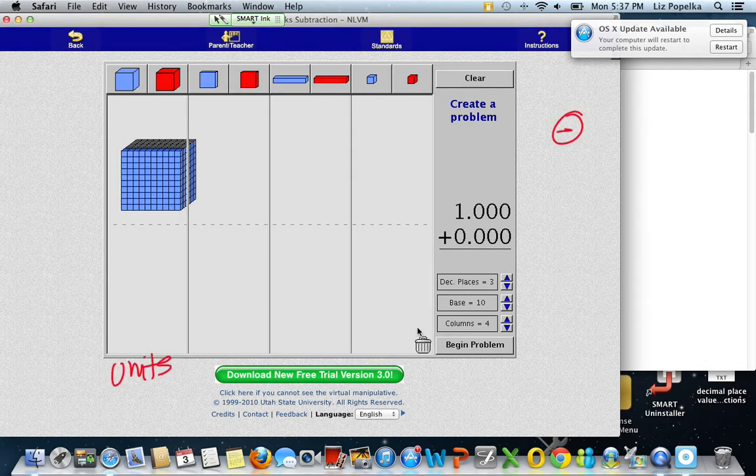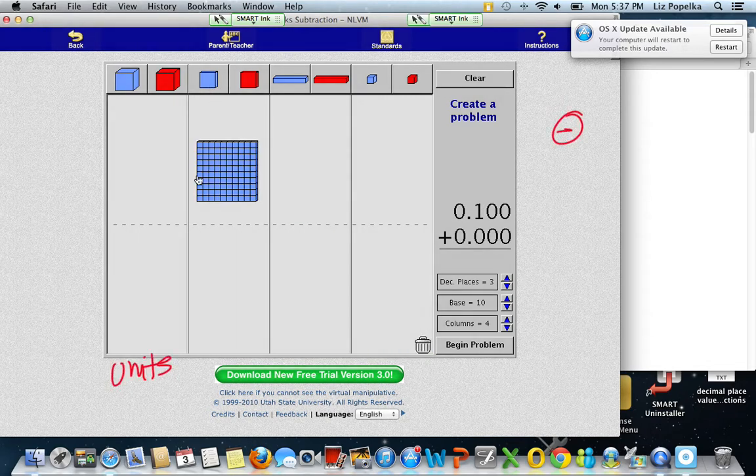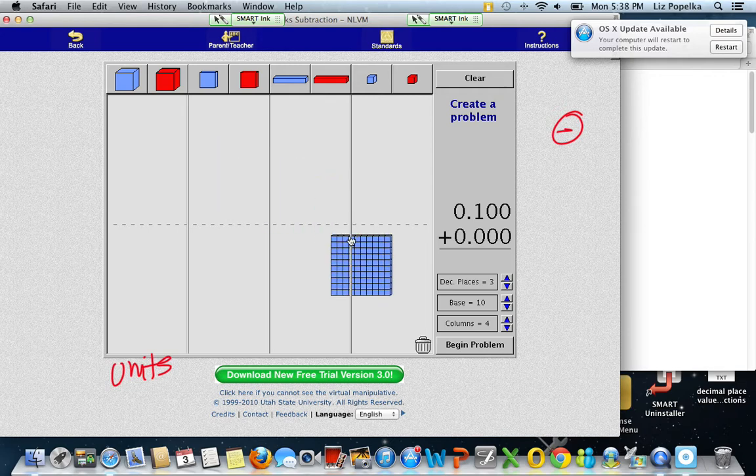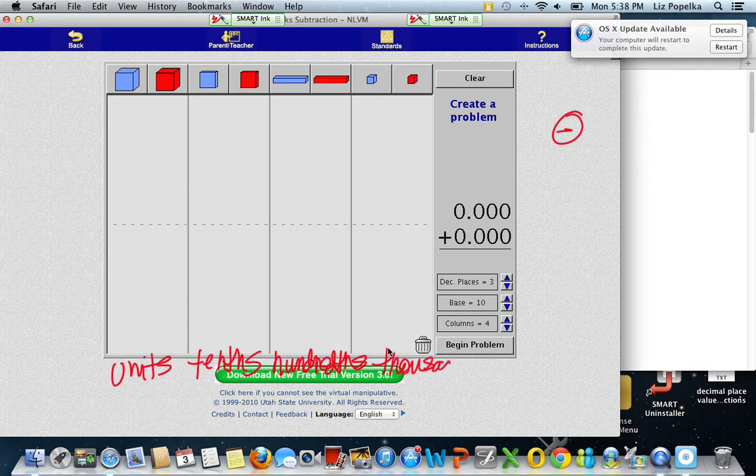I'm going to get rid of him right now. These little flats are our tenths place. Write that down here. The long rods are the hundredths place. And these little tiny cubes are the thousandths place.